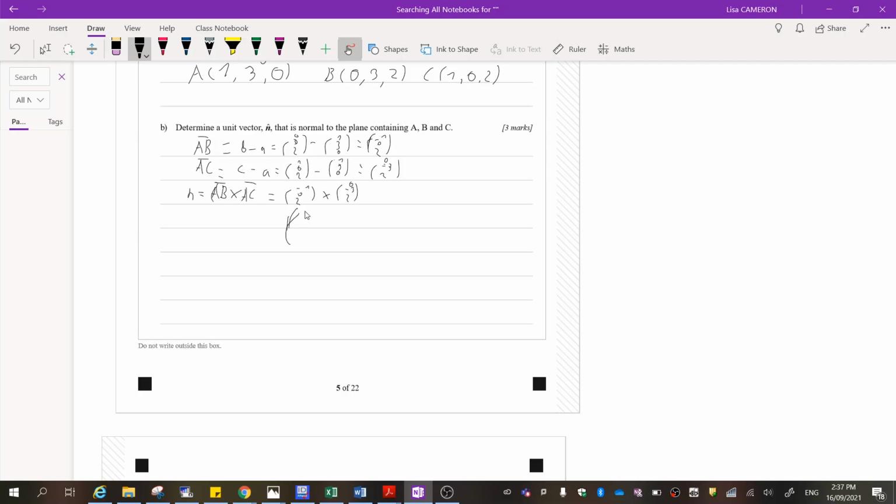So when timesing the two vectors, you'll need to use A2, which would be 0 in this instance. So coordinate of A in the second position, so 1, 2, 3, A2 times B3 minus the alternate version, so A3 times B2.